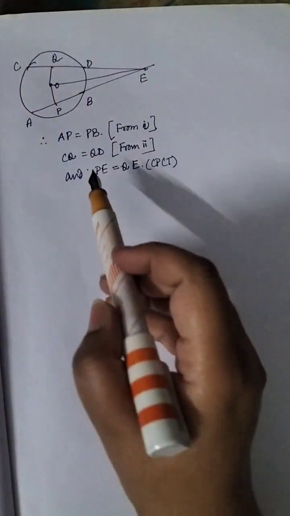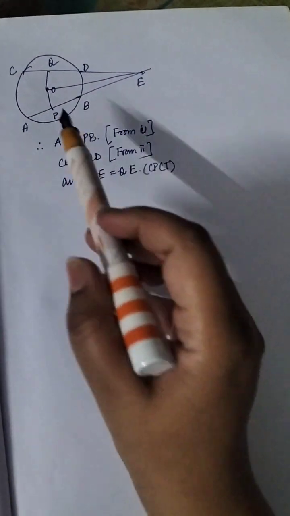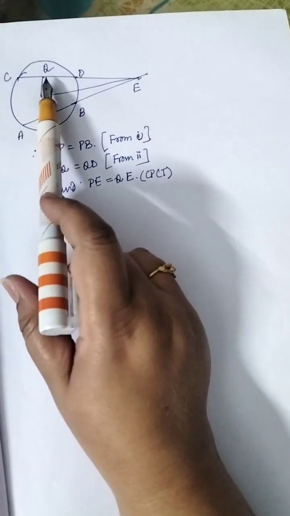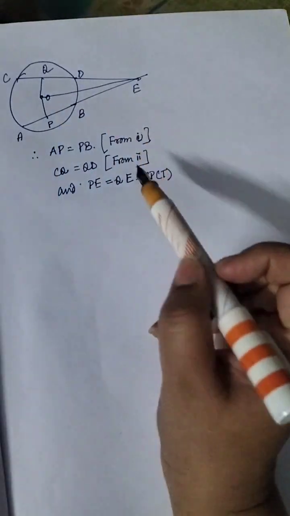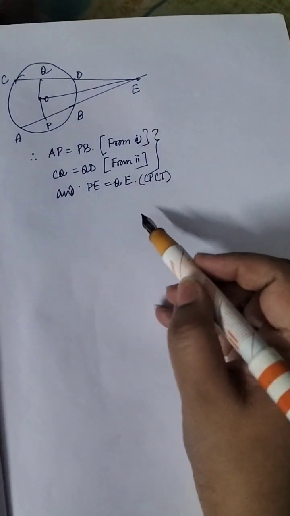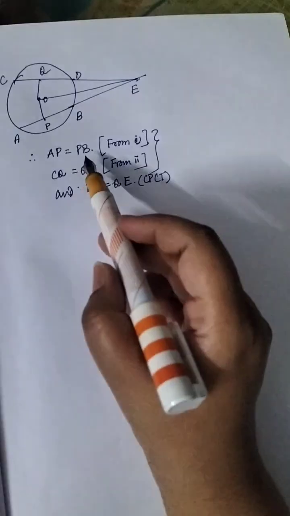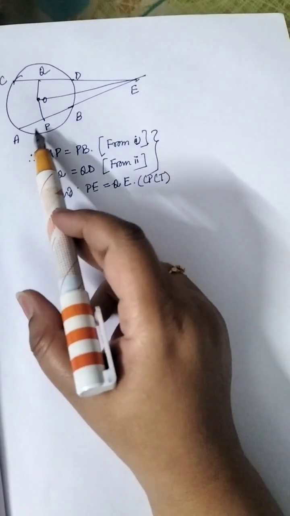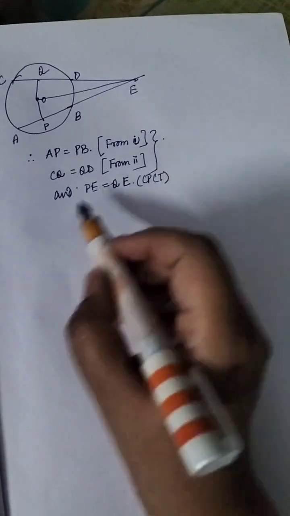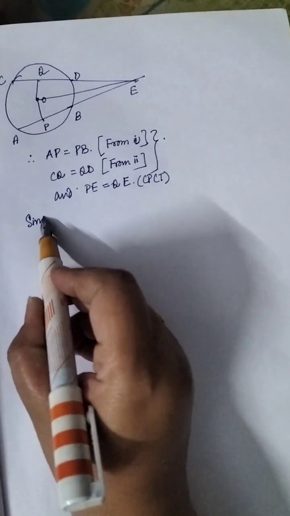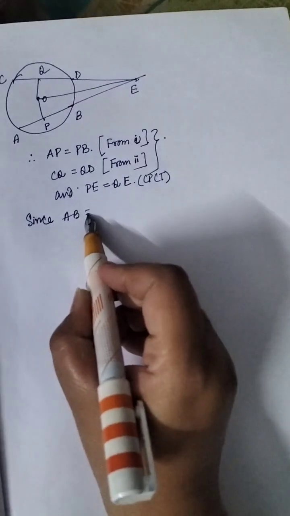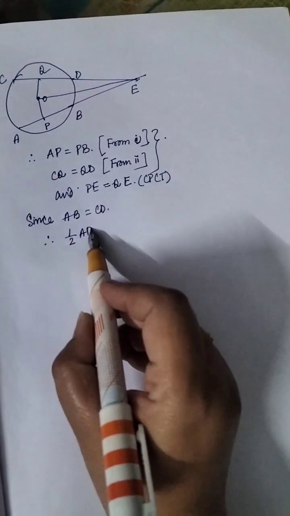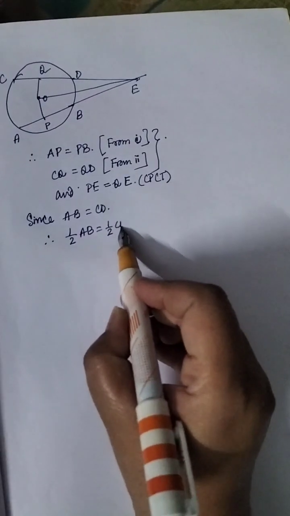So we have already proved that AP equals PB, and CQ equals QD. Now combining these two, we can say that AP equals PB equals CQ equals QD. Why? Because since AB equals CD, therefore half of AB equals half of CD.